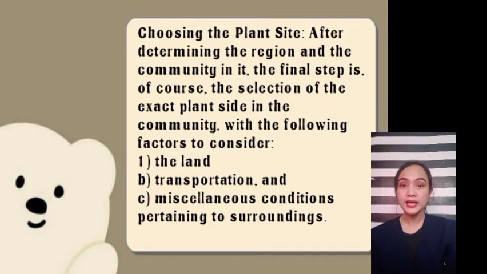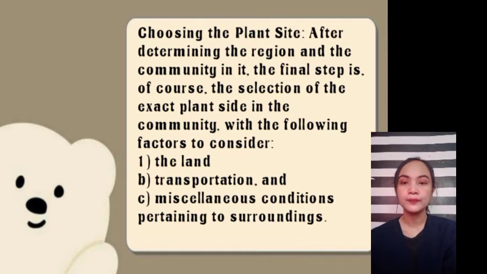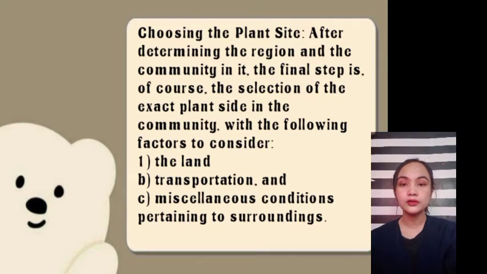And this could be, can the employees, for instance, reach the place even with or without transportation of their own, and will the road enable an easy entrance of raw materials and supplies and easy exit of the products. And C, we have the miscellaneous conditions pertaining to surroundings, and the third factor has something to do with the surroundings of the site relative to the following questions.